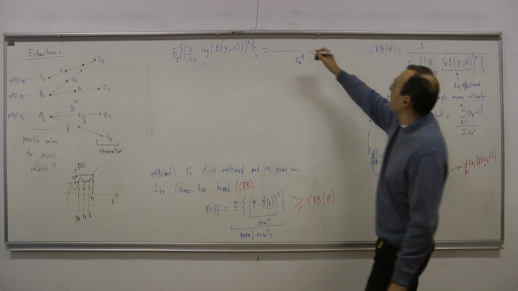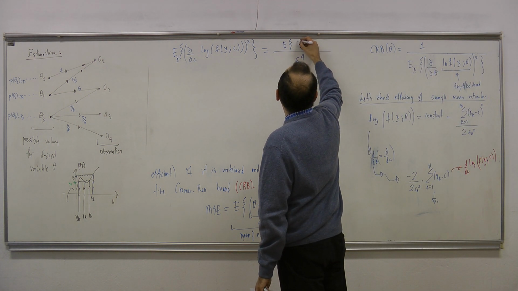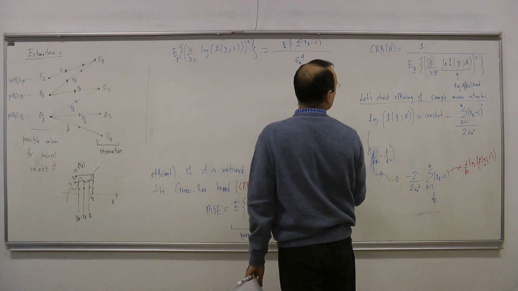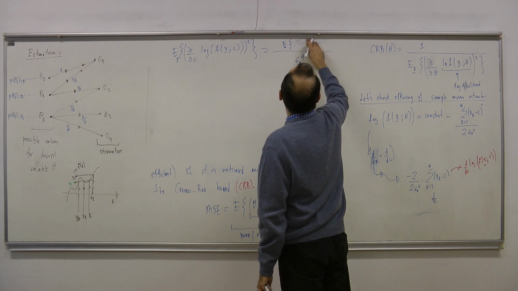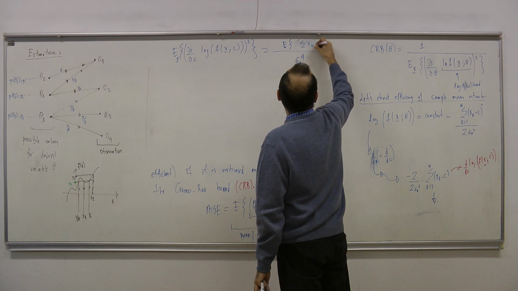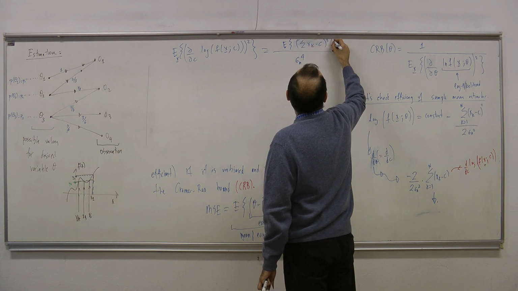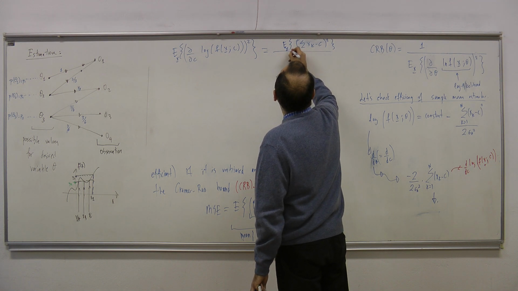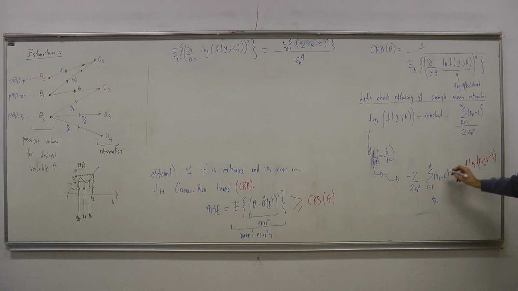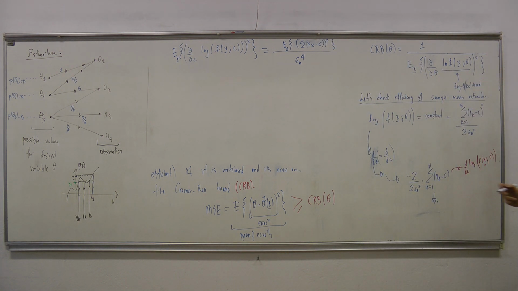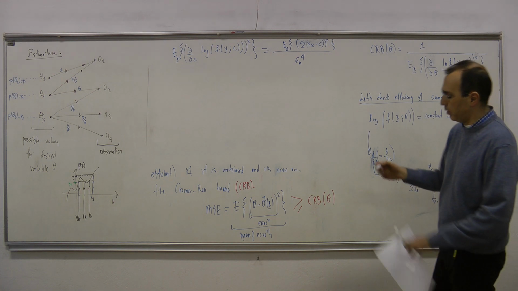Now I have this expected value of summation (xk minus c), parentheses square, over, this is the x vector. So I should take the square of this. Okay, xk minus c parentheses square. This is sigma n to the power 4.